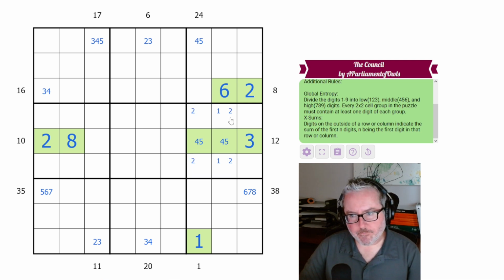Now we know we cannot put another mid in any of these because we already have 2 middles. We have to have a low and a high. So the remaining mid, which is a 6, has to be in one of these 2, which does remove this as a 6. That could get useful here for a second. Now, we know this 6 has to go with a high.